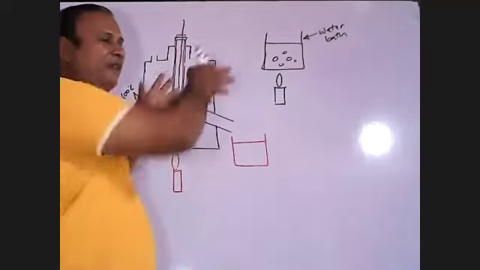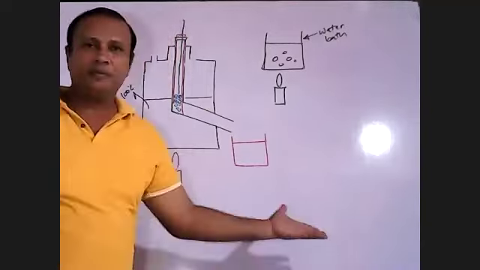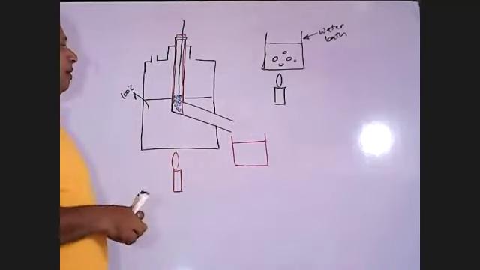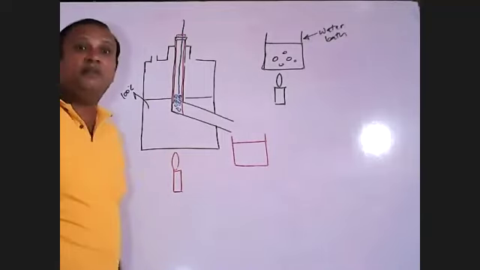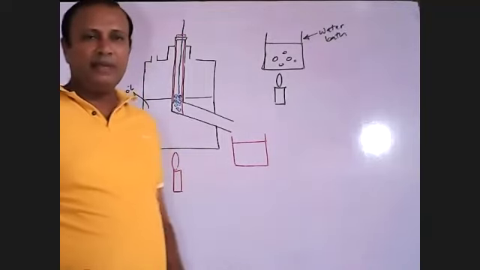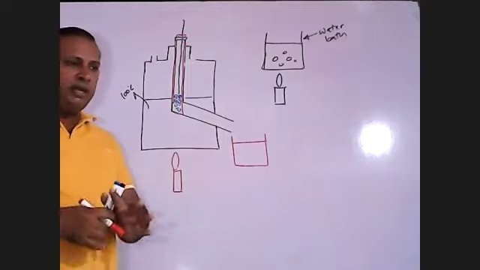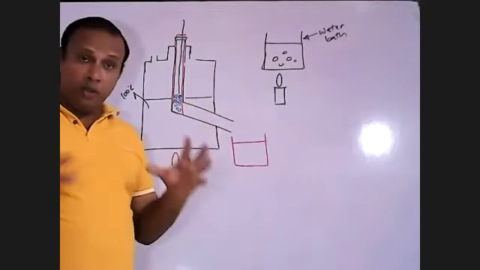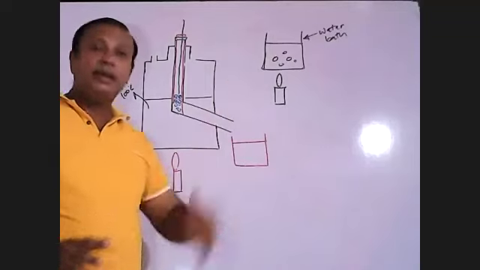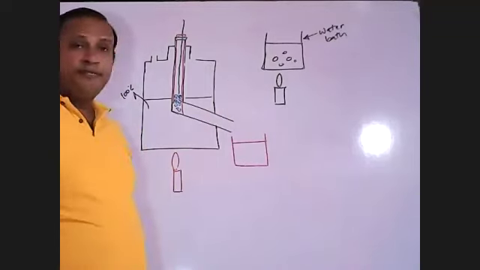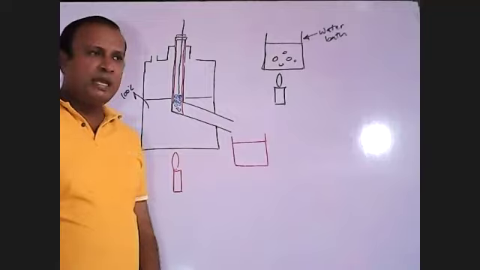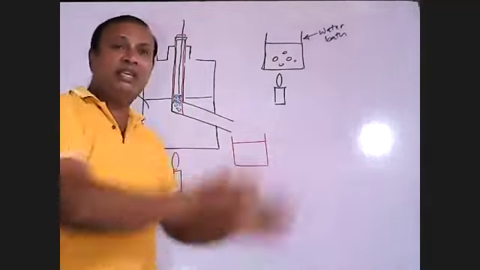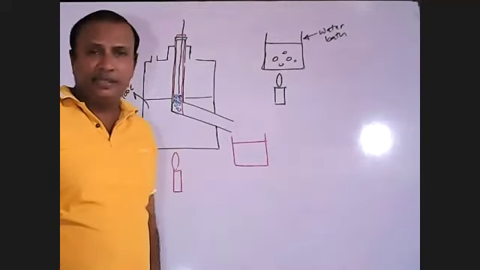Therefore, our assumption will not be valid. According to our assumption, the metal balls are the only ones who give heat to the system. Heat lost by the metal ball is equal to the heat gained by the calorimeter and the other system.